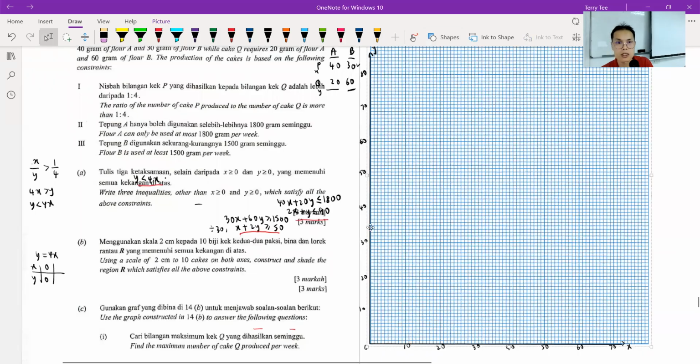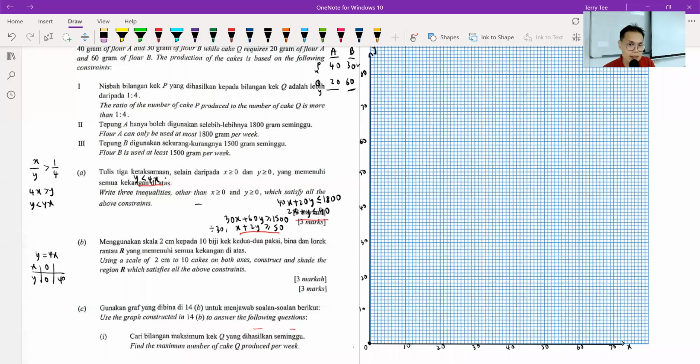Okay, done. So we know that the first point I have for y equals 4x is 0, 0. I need a second point. The first point is here, 0, 0. For the second point, you can put anything like 10 and 40, that's simple, or you can put 20, 80. Maybe 20, 80, so I can draw a bit higher.